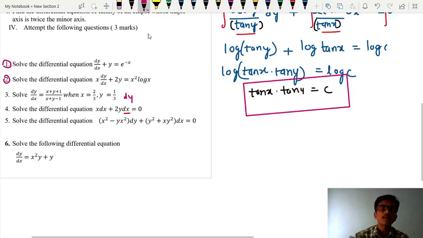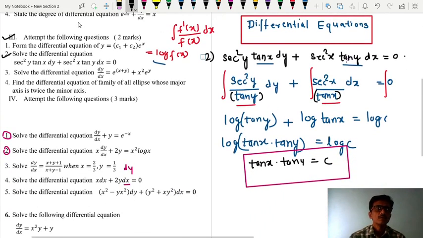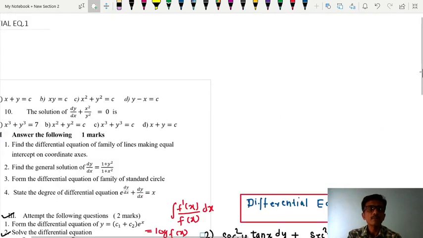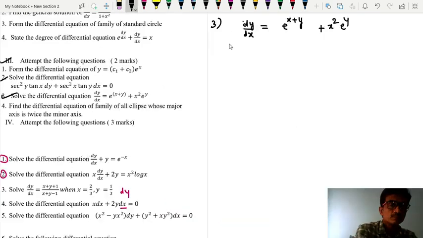Now let's start another question. Solve the differential equation dy by dx is equal to e raised to power x plus y. So we solve this differential equation.